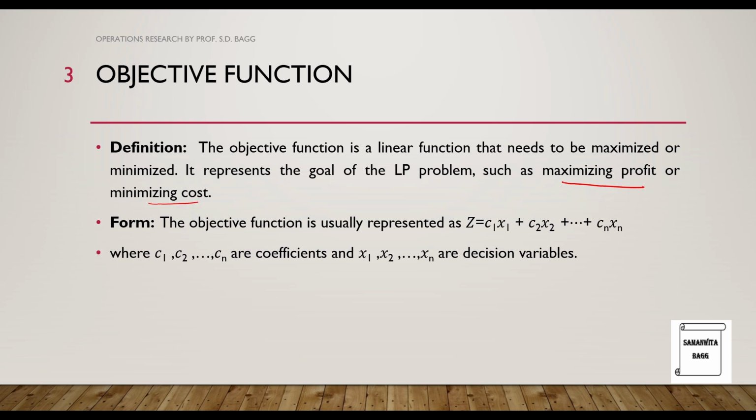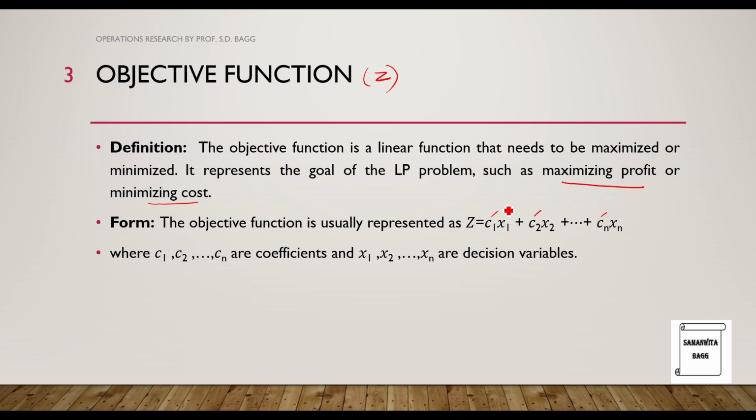The objective function is usually represented as z. So this is the symbol used for the objective function, and it will be written as c1x1 plus c2x2 plus n number of terms up to cn xn, where c1, c2 up to cn are coefficients. So these are the coefficients, as you can see.